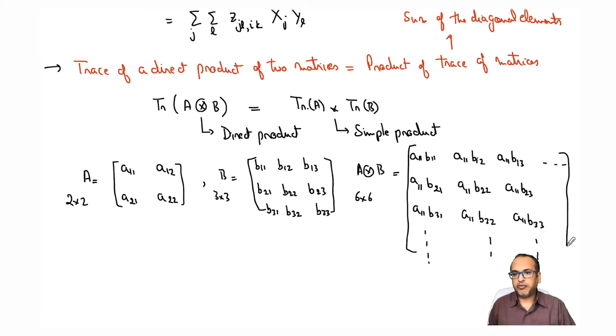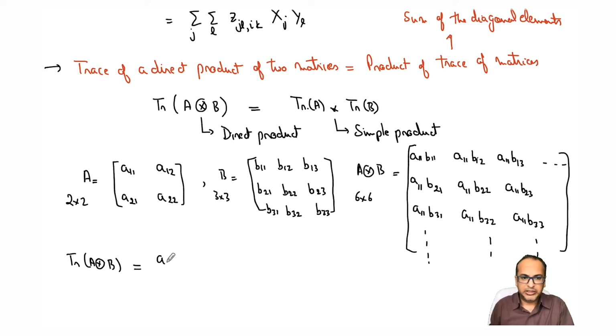I'm not going to write the full representation here, the full matrix, but you got the point. So the next element will be A21 multiplied with all 9 elements of the B matrix, right? So now if we want to calculate the trace of A direct product B, we'll have to take all of these elements and make a summation.